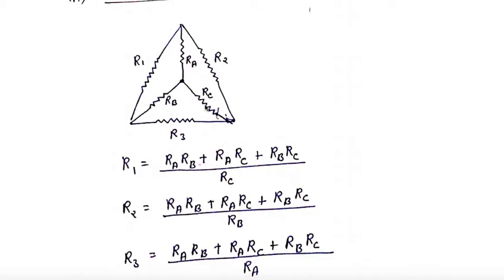That is, R1 is sharing nodes with RA and RB, but it is not sharing a node with RC. So RC will come in the denominator. For R2, the numerator is common for all three, so there is no confusion, and it is sharing nodes with RA and RC, so they will not come. The only resistance it is not sharing a node with is RB, so RB will come in the denominator.